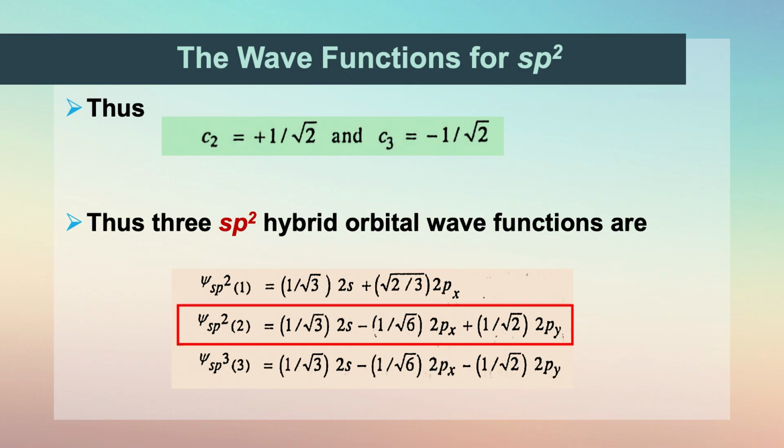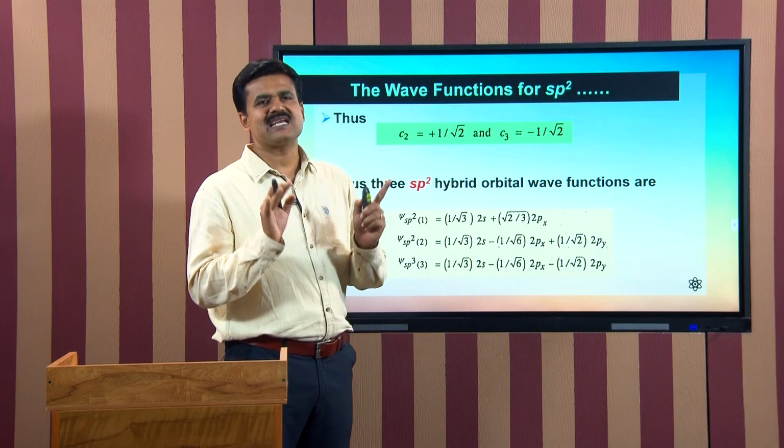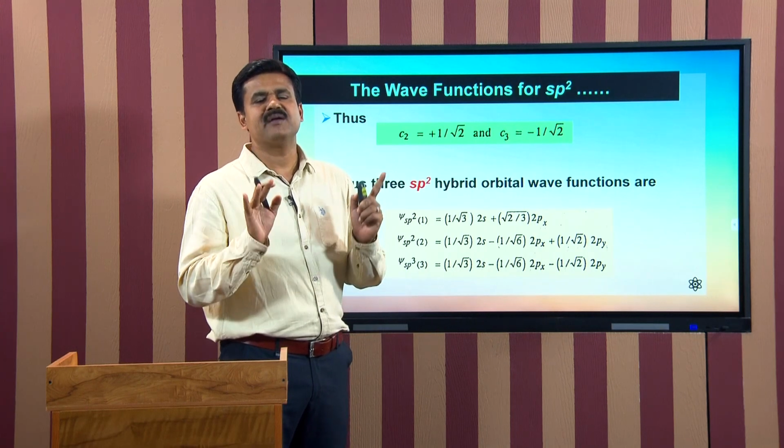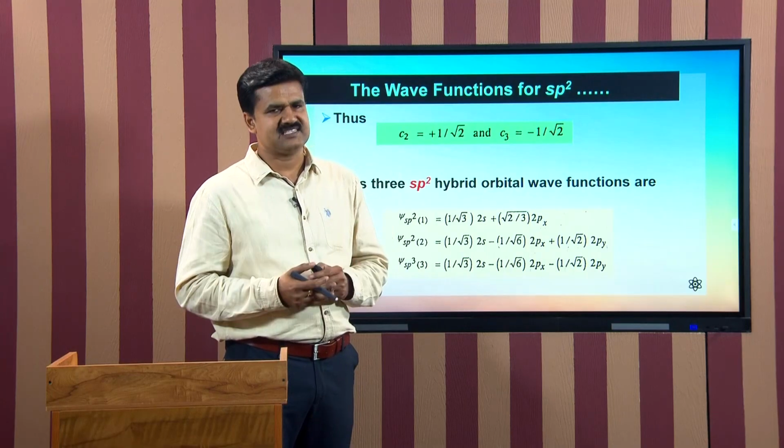And finally, psi sp2 3 is equal to 1 by root 3 2s minus 1 by root 6 2px minus 1 by root 2 2py. These are the three important hybrid orbital wave functions of sp2 hybridization.